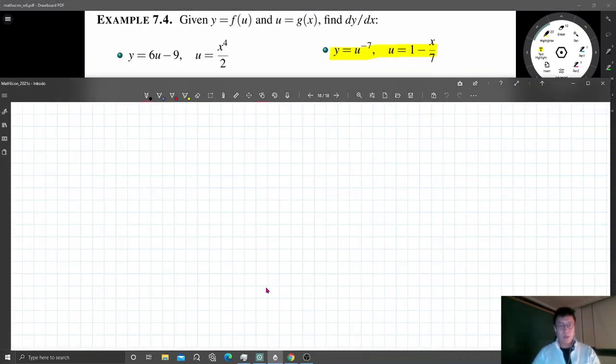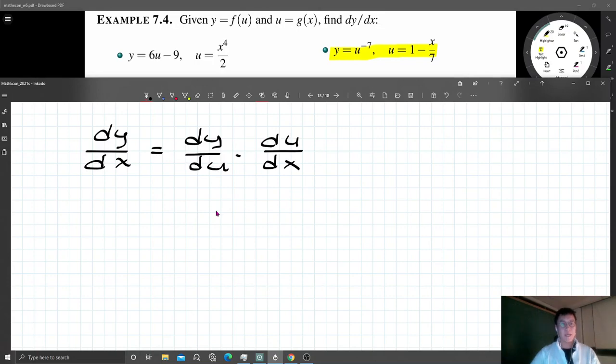So dy over dx by the chain rule is dy over du times du over dx, because these two du's will be cancelled. So with this y function, the derivative is negative 7. The power comes up front.